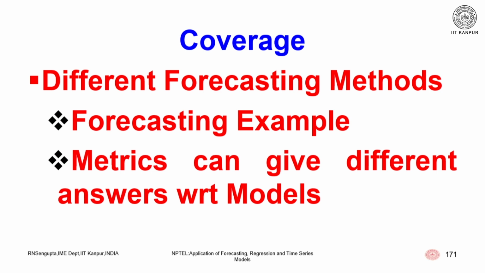And if the discussion continues and we have time, another very important aspect we will consider is that a metric can give different answers with respect to the models, and this is very interesting. I will highlight that, and then go into detailed solving of the model, which we have already done.